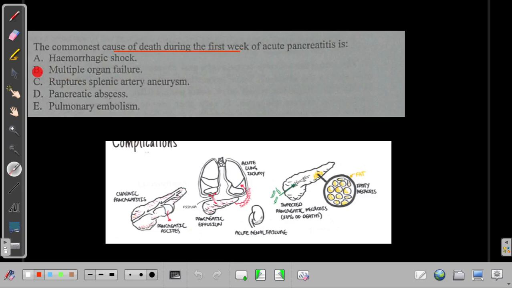Go for B. Especially respiratory failure, especially acute respiratory distress syndrome as a complication of acute pancreatitis, and acute renal failure. These are the most common cause of death during the first week. After the first week, the most common cause of death is sepsis. But during the first week of acute pancreatitis, expect organ failure as the cause of death. Okay?